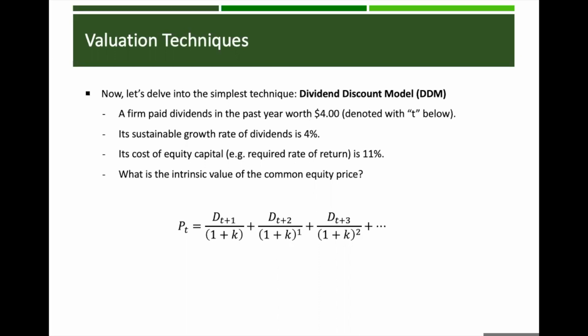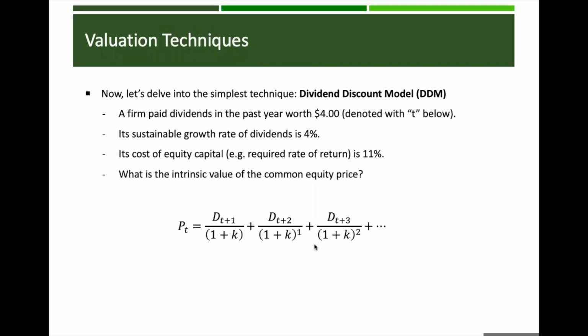Well, if we consider holding that firm's common shares forever, that means that we are going to get cash flows from holding those shares forever. We will be getting dividend payments. So we hold it today, we buy it today. We get dividends in the year T plus 1, so that's the coming year.